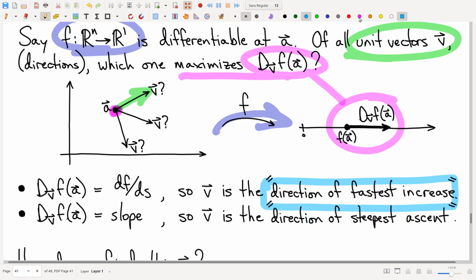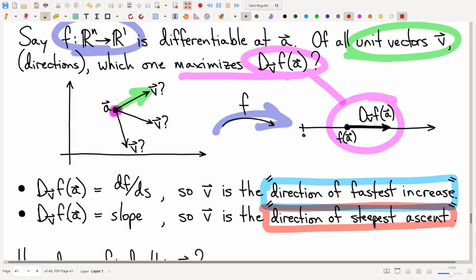Whereas, tragically, if you think about it, this one does. Direction of steepest ascent suggests you're thinking specifically about the graph. Because only when you're looking at a graph is the vertical axis actually describing the value of the function. Right? And only then is your picture that you're looking at actually, for example, a hill.